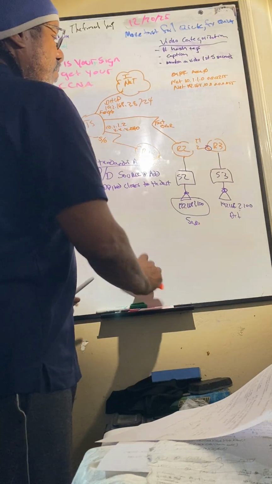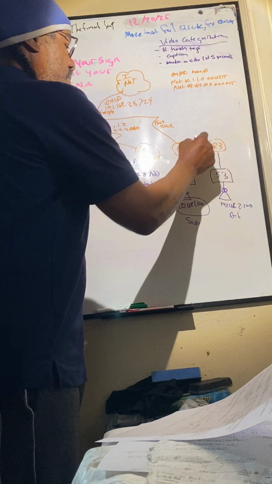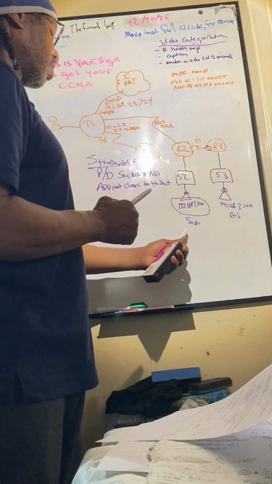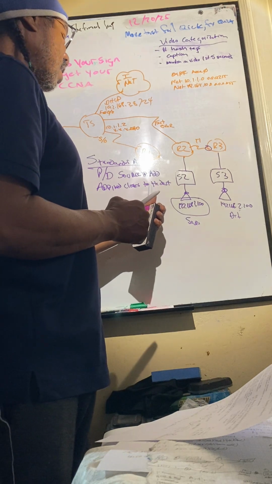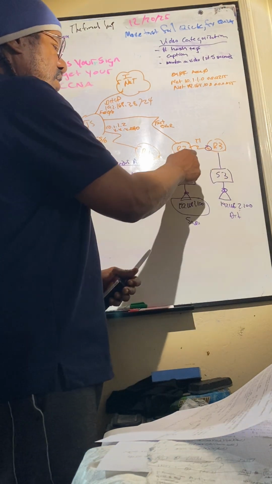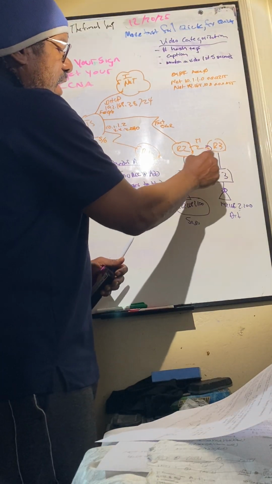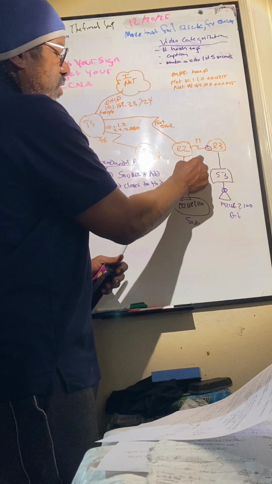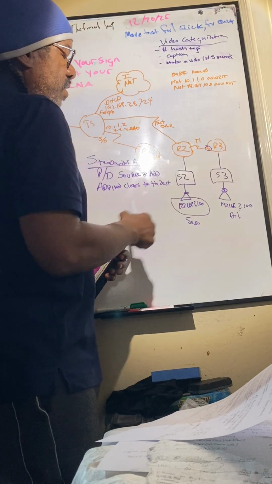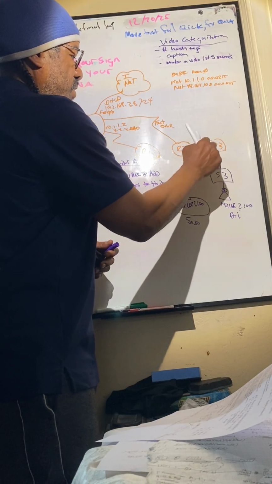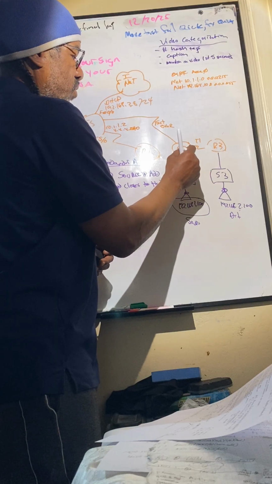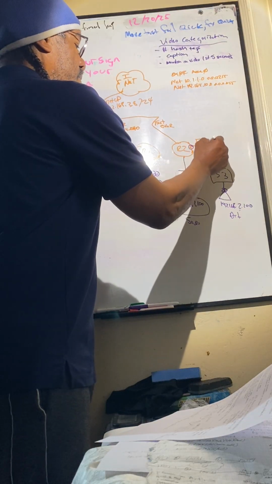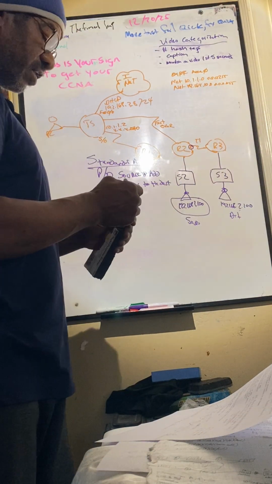Standard access list: permit or deny source IP, and we apply it as close as possible to the destination. Since we have access to both, we can put it here, but if we only had access to this router, we would put it right there. We may not have access to that router.